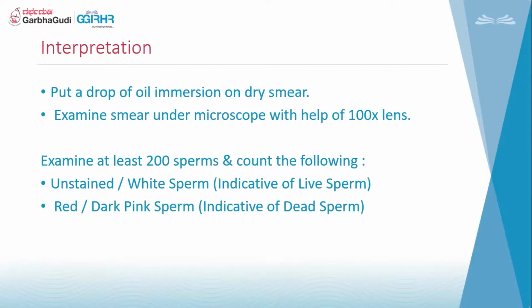Moving ahead to interpretation. How is the result determined? Put a drop of oil emulsion on a dry smear and examine the smear under the microscope with the 100x lens. Examine at least 200 sperm and count. We count how many live sperm we see till we reach a count of 200, the live sperm appearing white or transparent.